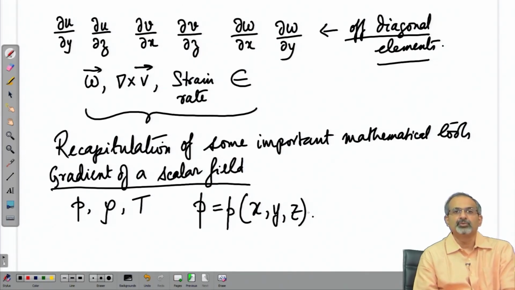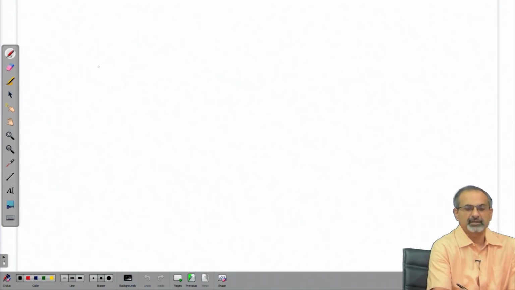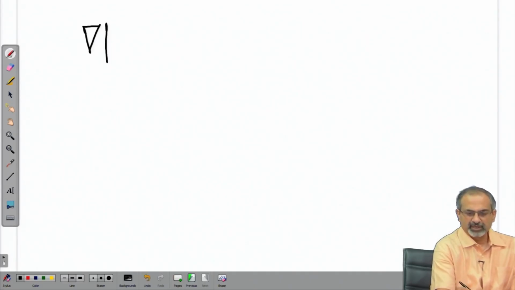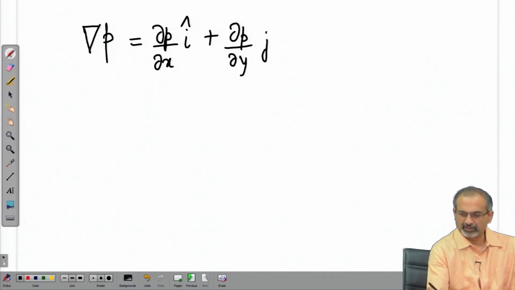It would be a function of the location of the point. Now, how do you define the gradient of pressure once you have defined that function? We write it as this. It comprises of 3 components and it is a vector quantity.